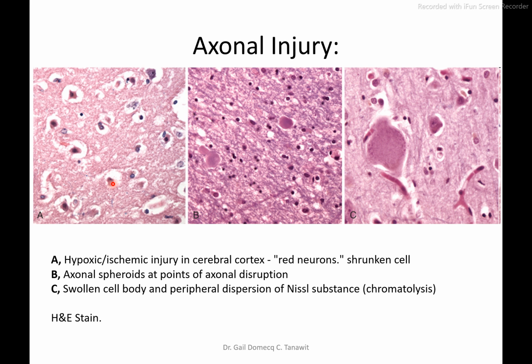Then we can have axonal spheroids at the point of axonal disruption. Then swollen cell bodies, and peripheral dispersion of the Nissl substances or chromatolysis.